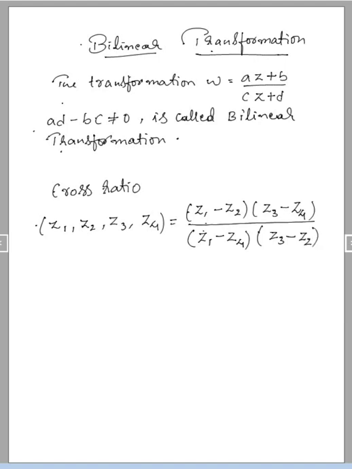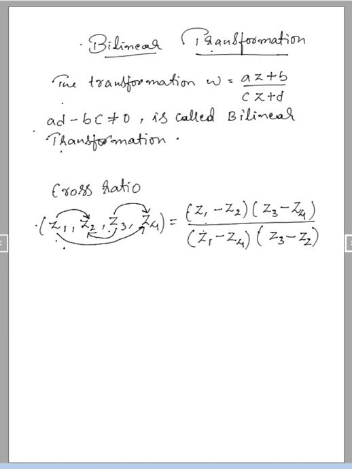How to remember this: the numerator is Z1 minus Z2 into Z3 minus Z4, divided by Z1 minus Z4 into Z3 minus Z2. See the direction. This is the representation of cross ratio.